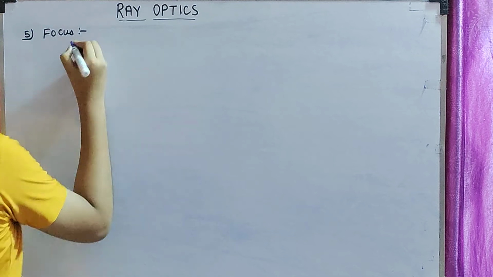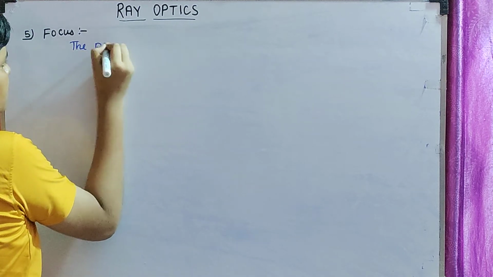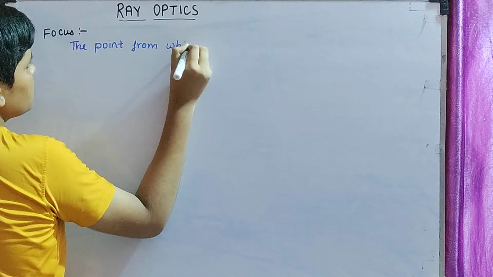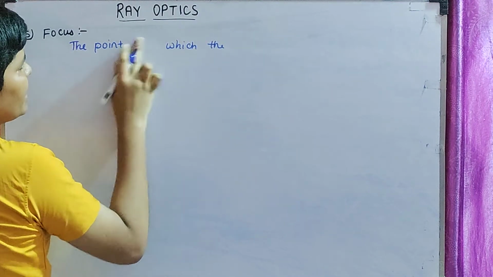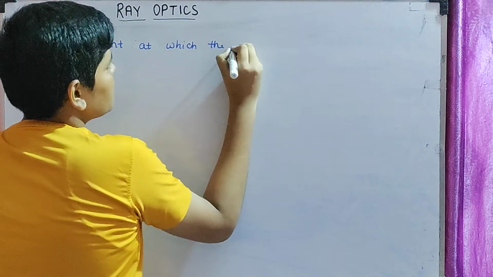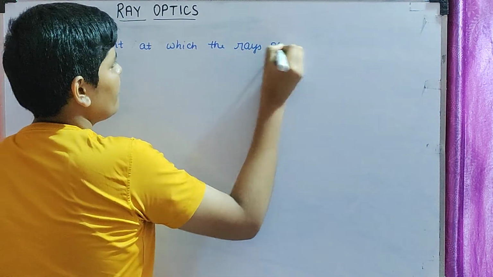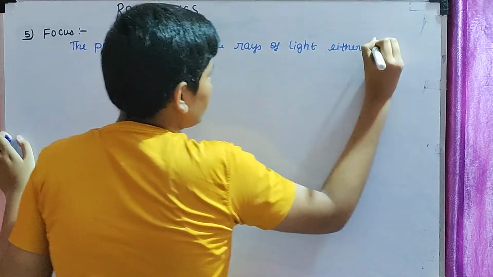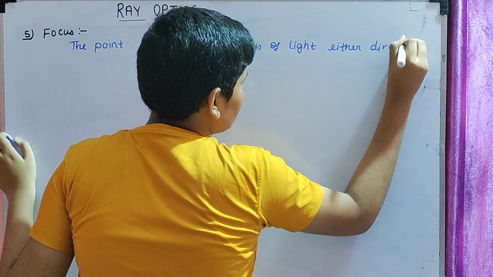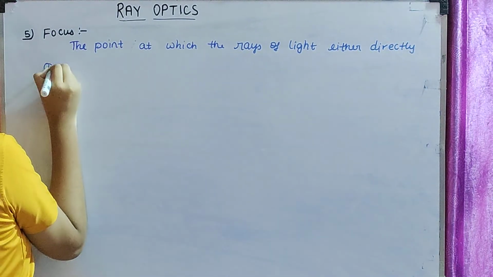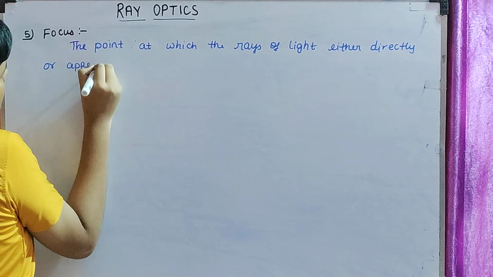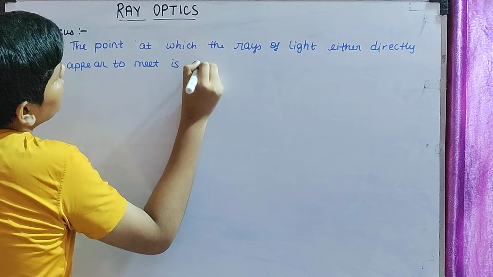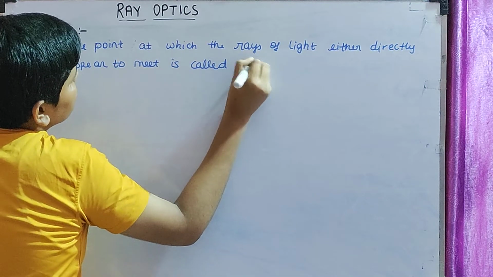So, the point at which the rays of light either directly or appear to meet is called focus.